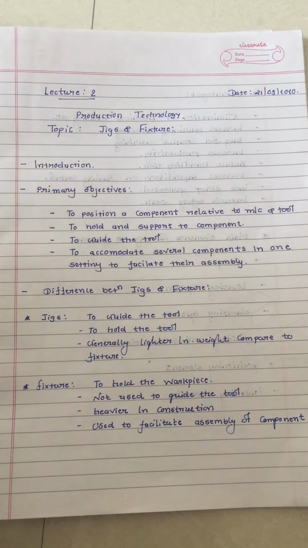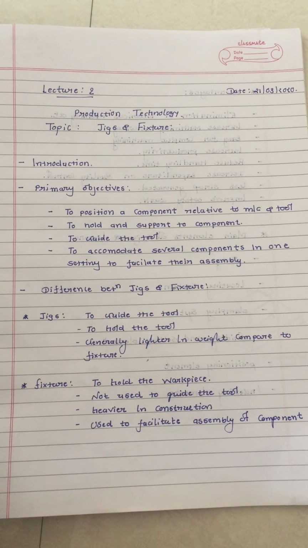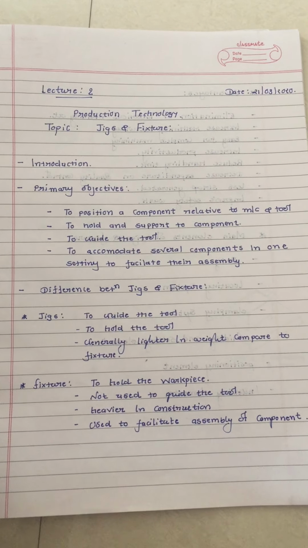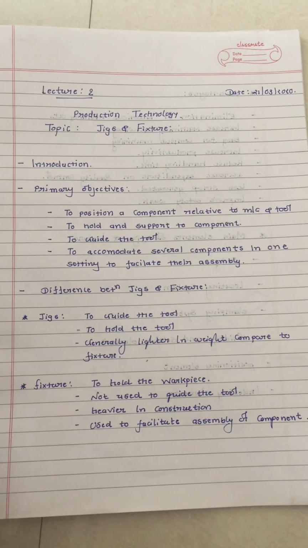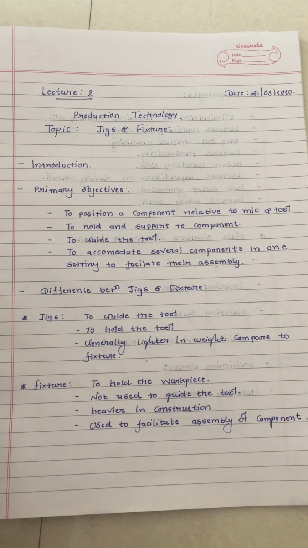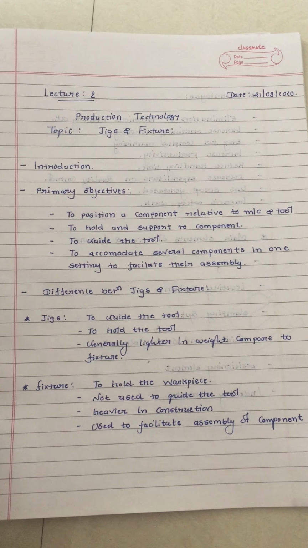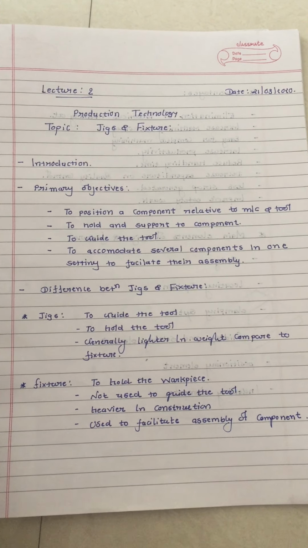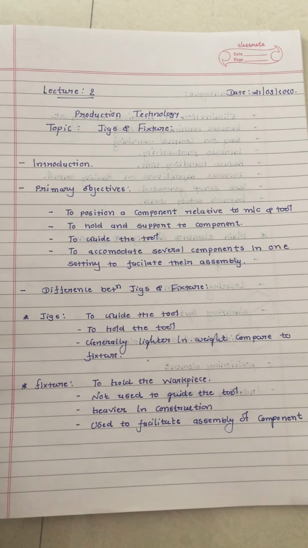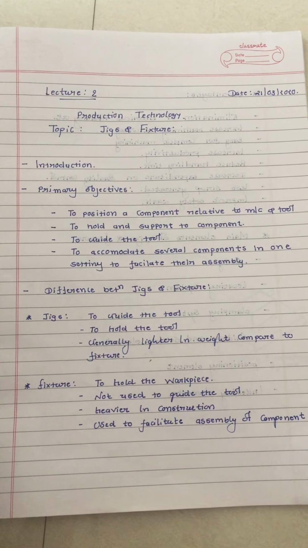So whenever we are using conventional machining processes, like the milling machine process, the lathe machine operations, drilling machine operations, boring machine operations, sometimes, due to the intricate shapes of your product, it is very difficult to hold in one position during the manufacturing operations, right?